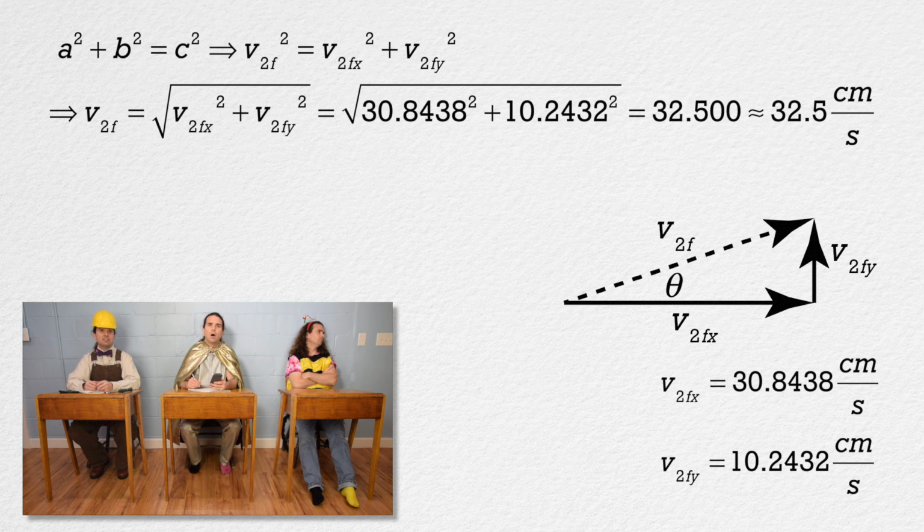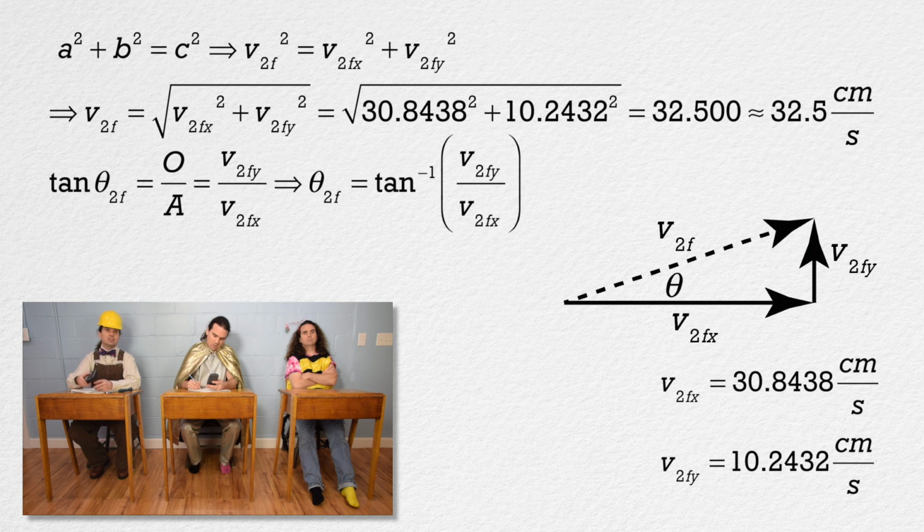Oh, and velocity is a vector, so we need to find the direction. Tangent theta equals opposite over adjacent, so the tangent of the angle for disk 2 final equals the final velocity of disk 2 in the y direction over the final velocity of disk 2 in the x direction.